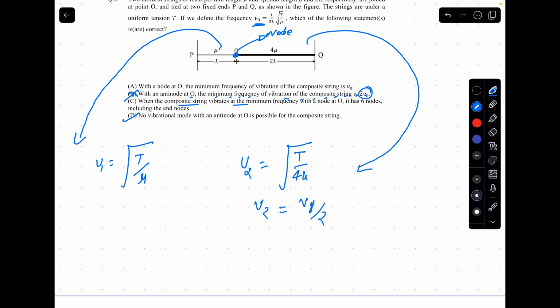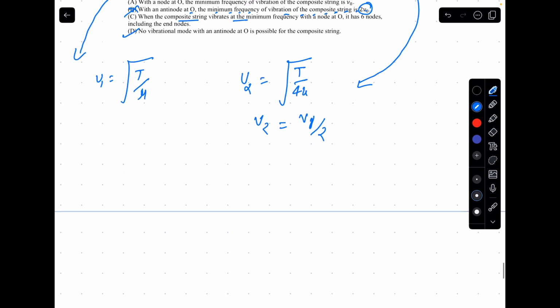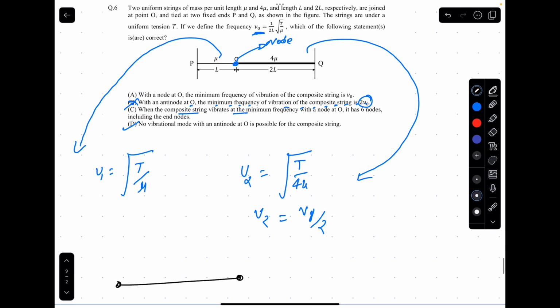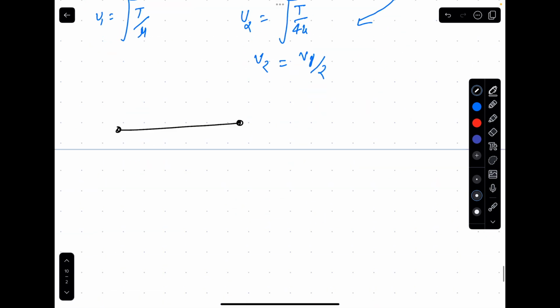Let us see what happens in the V node, at the V node in the first string. We know that the frequency is V divided by lambda. Let's suppose this is the fundamental frequency of this string, where this is the node and this is node.